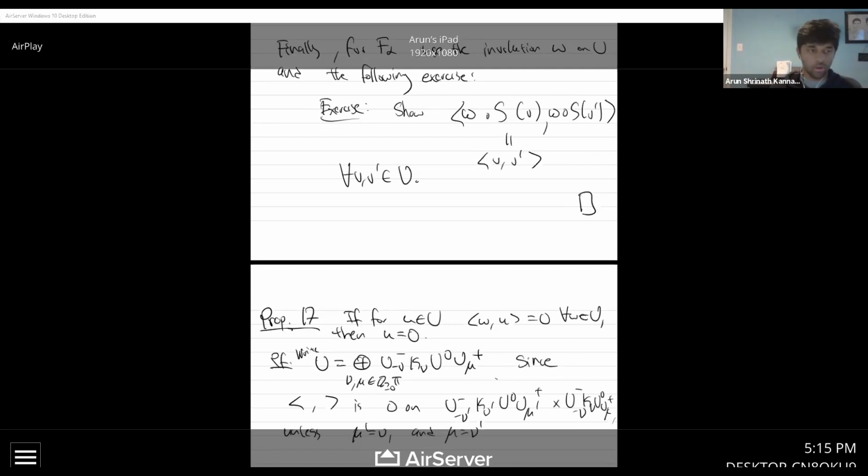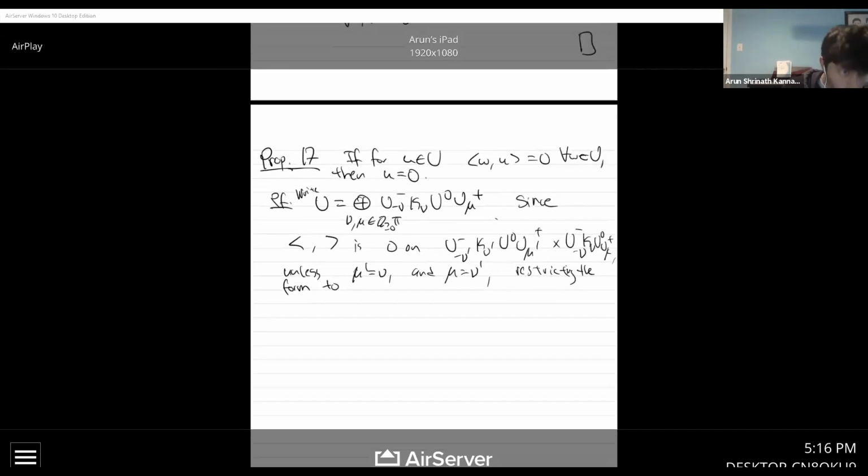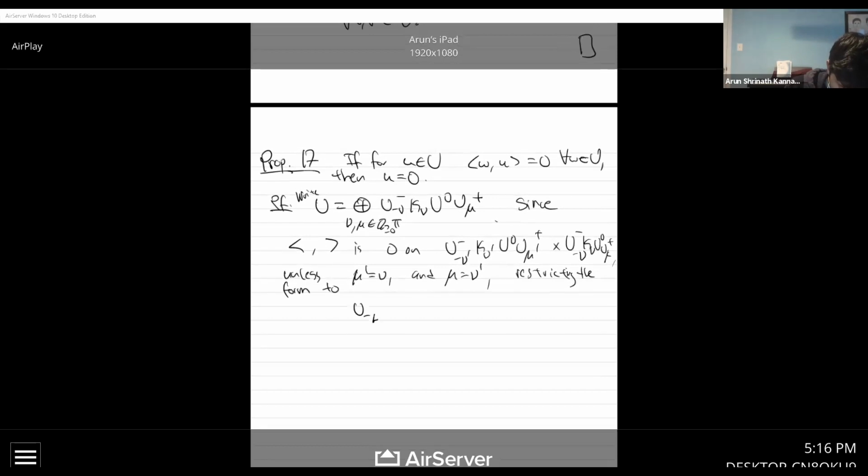You can just restrict the form to u minus nu, u naught, u mu plus cross u minus mu, u0 u nu plus, and proving the analogous statement suffices.